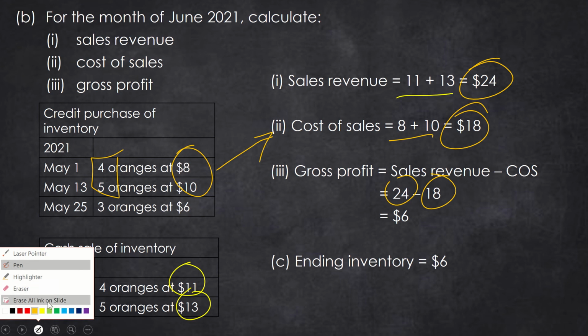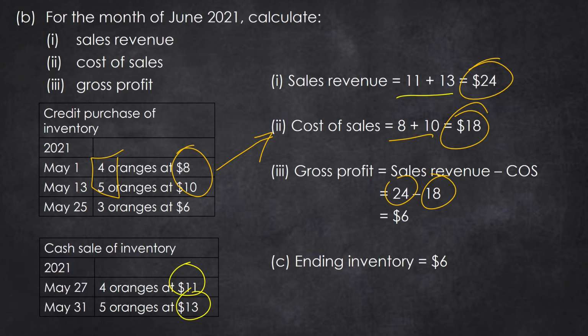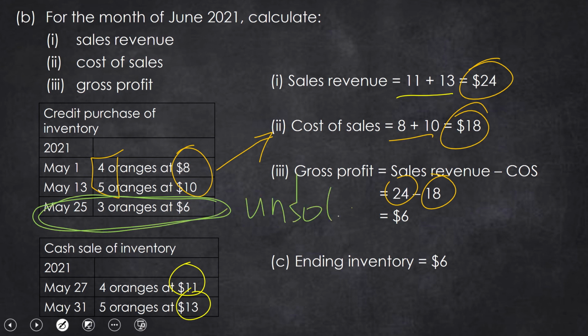Now, finally, what is my ending inventory? Now, my ending inventory is the inventory that I have left that is unsold. So this relates to the 3 oranges that is unsold at the end of the month. And this is my ending inventory of $6.